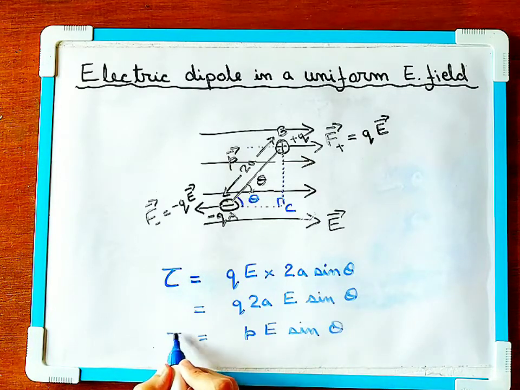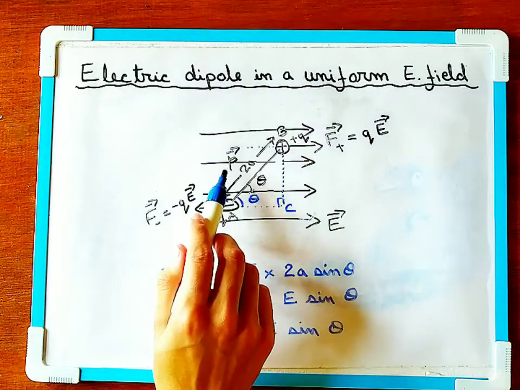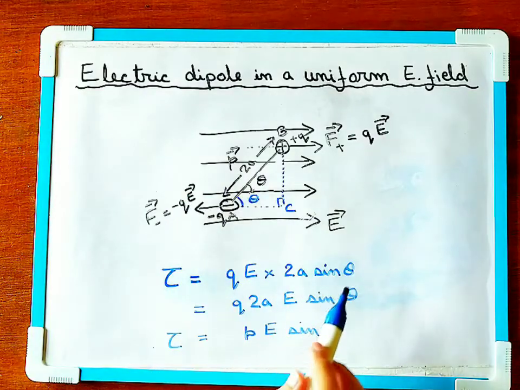So this is the torque experienced by the electric dipole, and this is in magnitude. So the magnitude of the torque experienced by your electric dipole, which is placed inside a uniform electric field, is equal to P E sine theta. P is the dipole moment, E is the strength of the electric field, and theta is the angle between the dipole moment vector P and the electric field vector E.